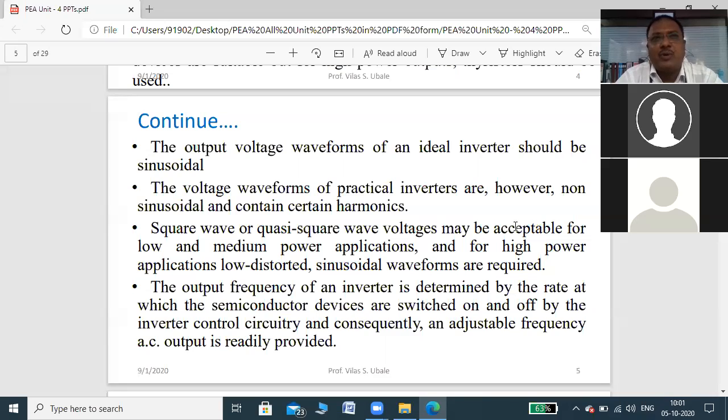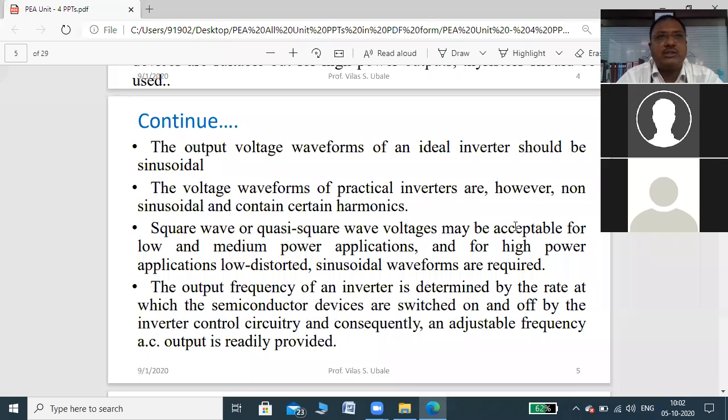For our home applications, square wave inverters can be used. No harm from square wave inverters in operating your television, computer, or other home appliances. But industry requires a pure sinusoidal waveform. A square waveform cannot be applied to AC drives.